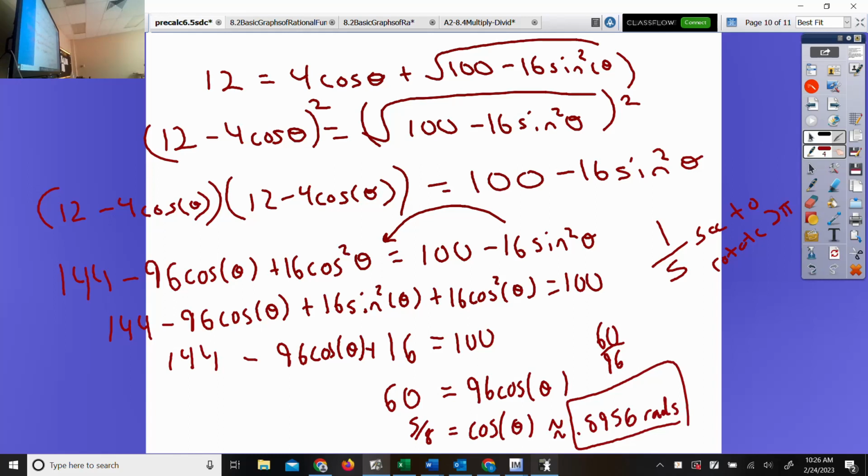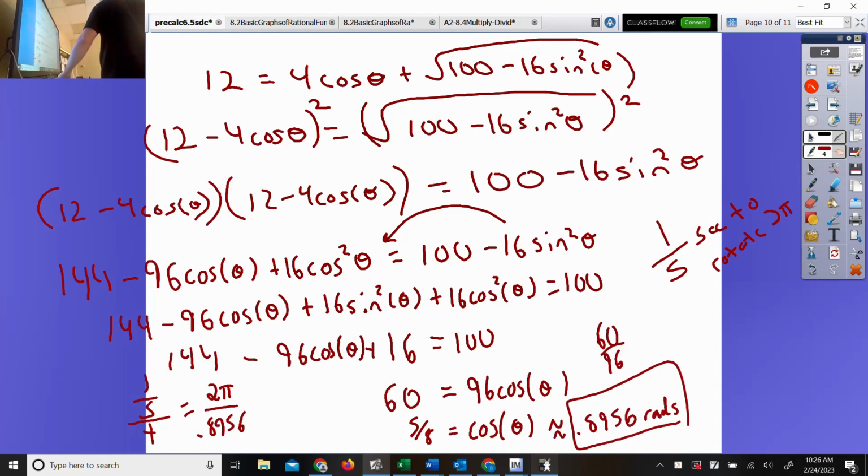What you could do is find the proportion that 0.8956 is to 2 pi. You could use proportional reasoning. You could say 1/5 of a second is to the time as 2 pi is to the amount of rotation that you need.